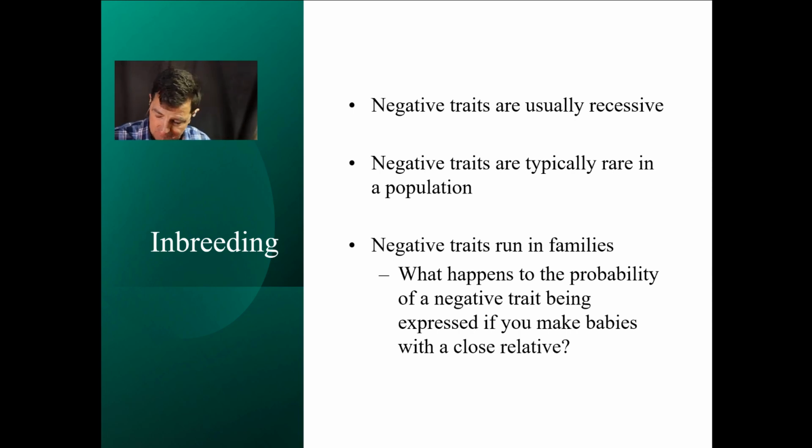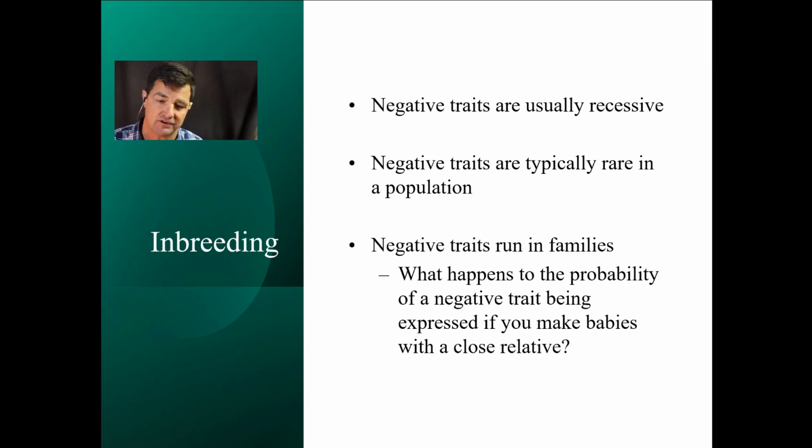But in this particular case, as far as diseases that are genetically related to recessive traits, the traits that are recessive are usually rare. Negative traits are typically rare in a population also. And again, that depends on the population size.